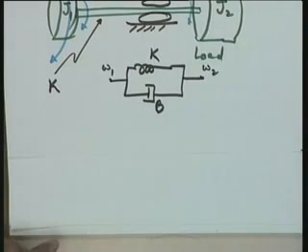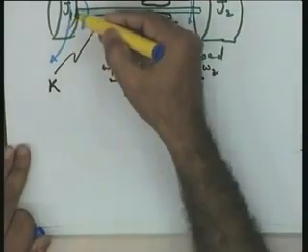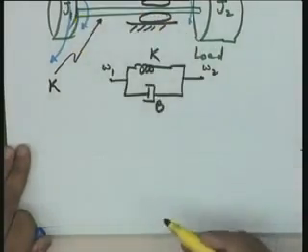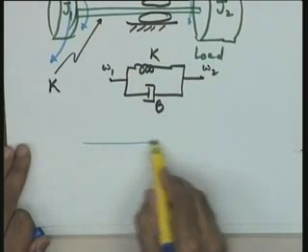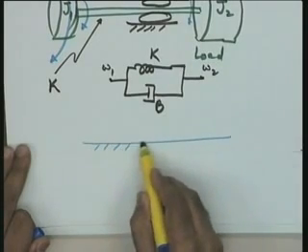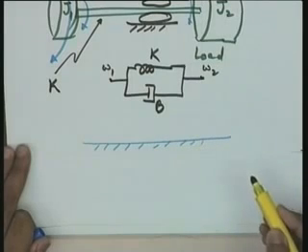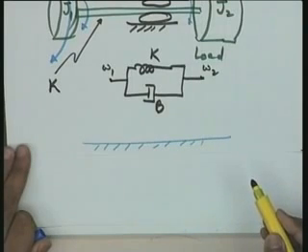Now, let us see what is happening at node omega 1, that is this particular node. You see that for the moment of inertia J1, you take the datum node as the inertial reference with respect to which the displacement or the velocity of J1 is measured.